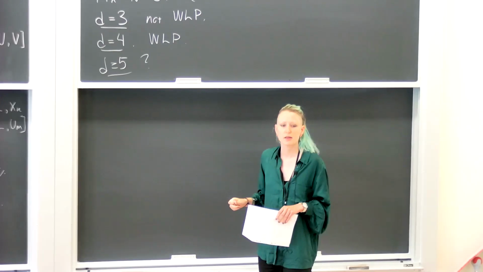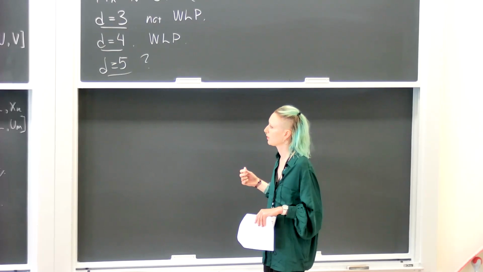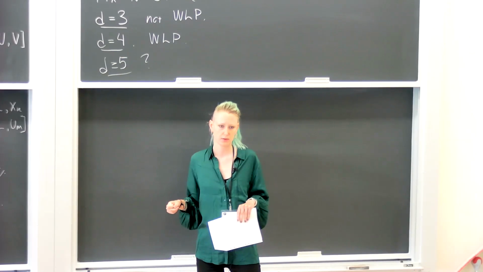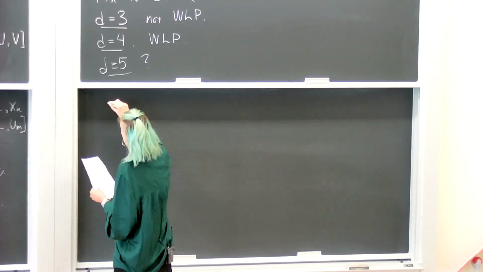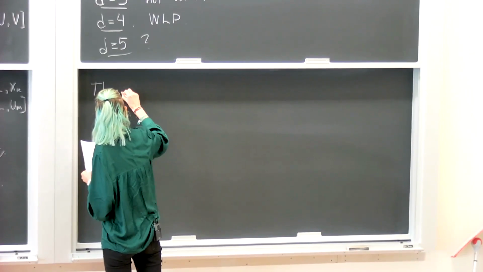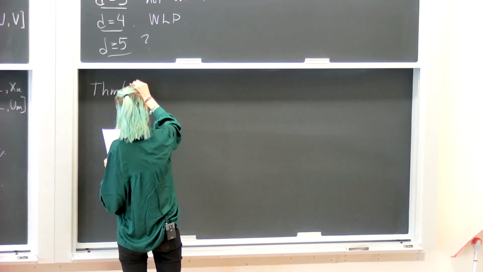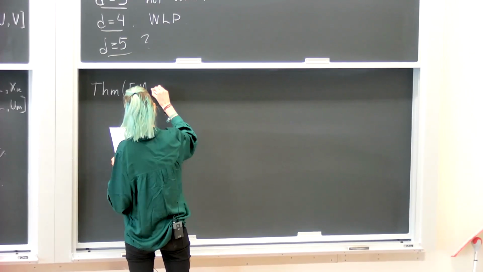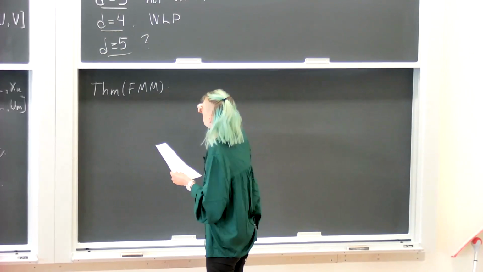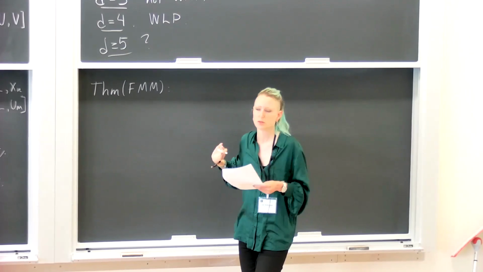Okay, so a starting point for our project was in a previous work by Luca Fiorindo, Emilia Messetti, and Rosa Maria Miró-Roig. So I'm going to state one of the theorems from this paper. So this is also in 5 variables. From now on, I will not write out n equals 5. It's always equal to 5.